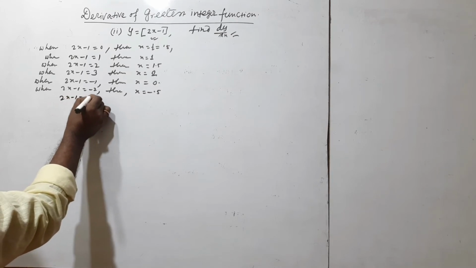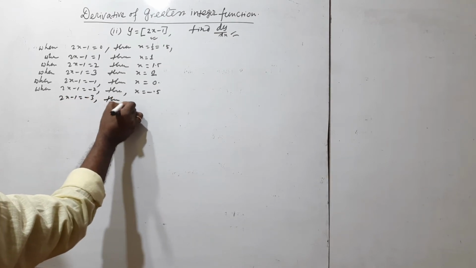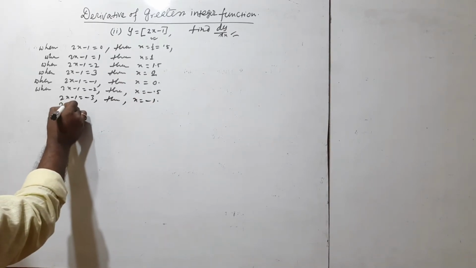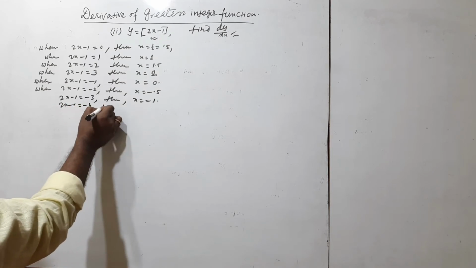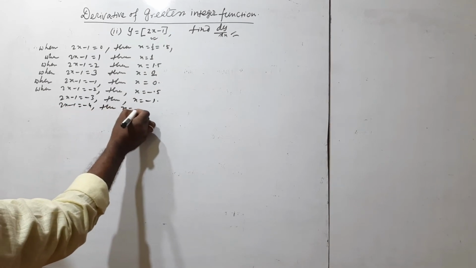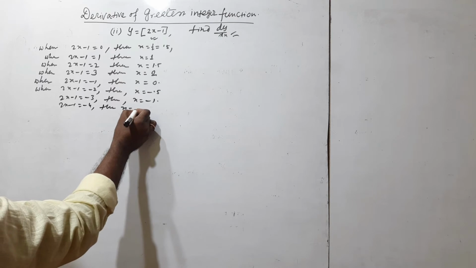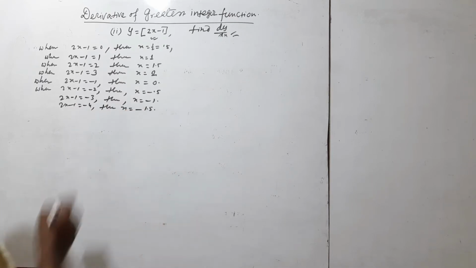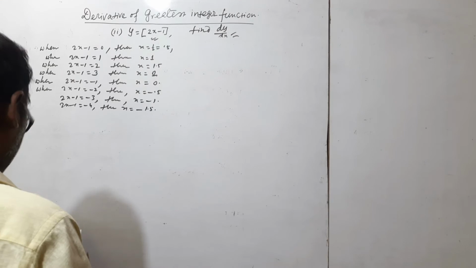Twice x minus 1 equal to minus 3, then x is equal to minus 1. And twice x minus 1 equal to minus 4, then x is equal to minus 3 by 2, this is minus 1.5. Okay, now first draw the curve.